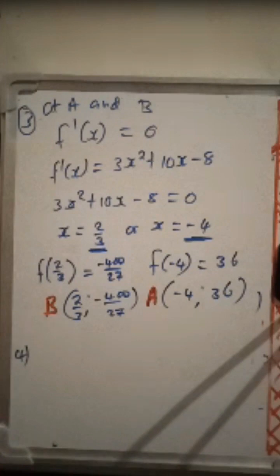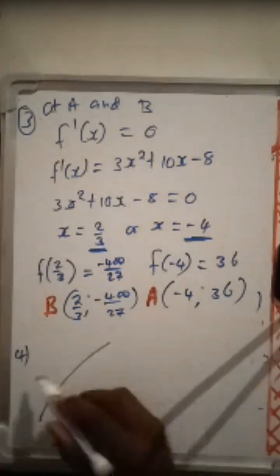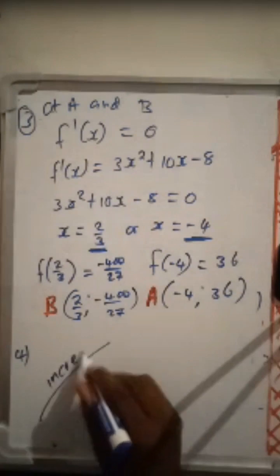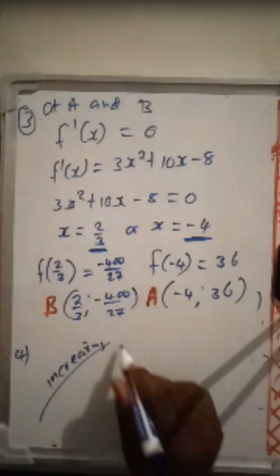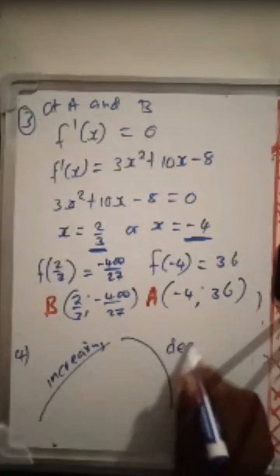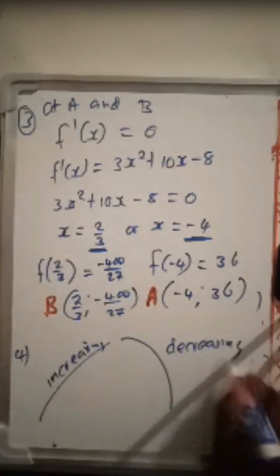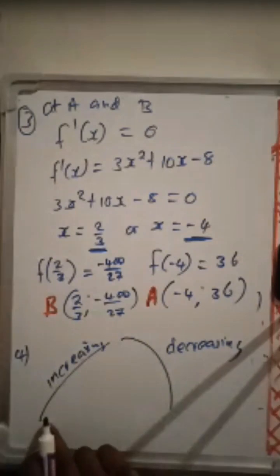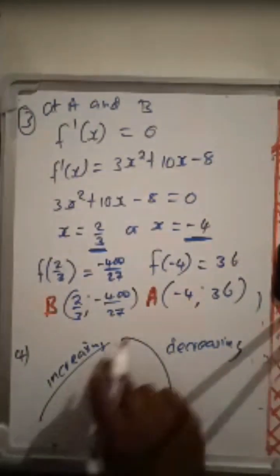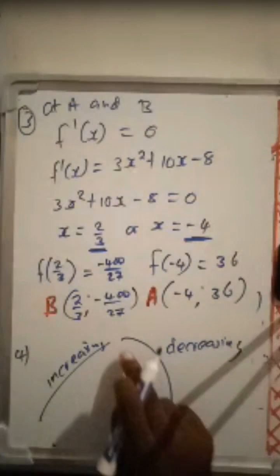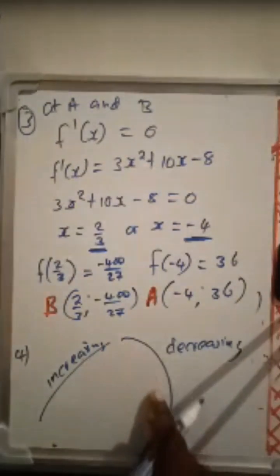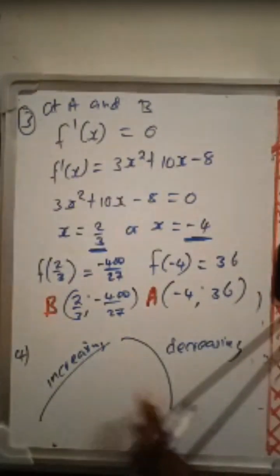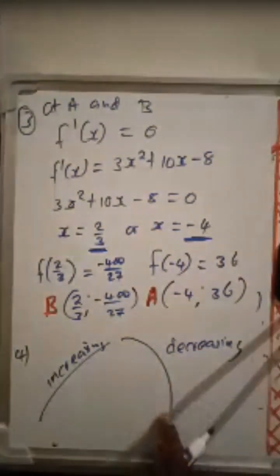This is increasing. That is decreasing. Increasing, we are saying as the values of x are increasing, also the y values are increasing. But now, as the values of x are increasing, the values of y are decreasing. So we have increasing, we have decreasing.